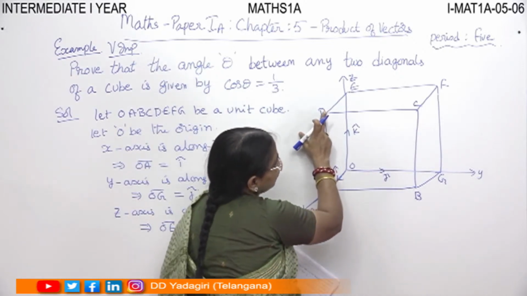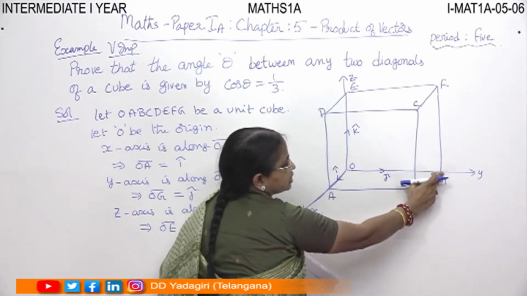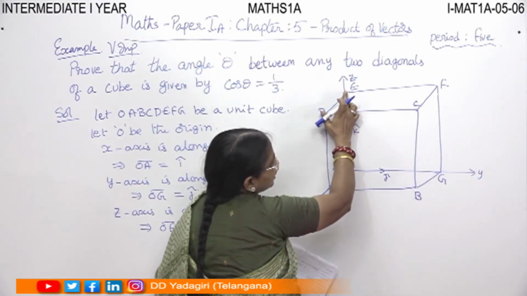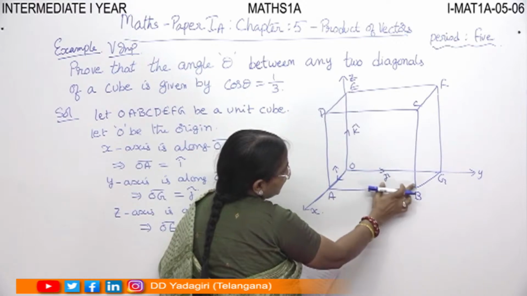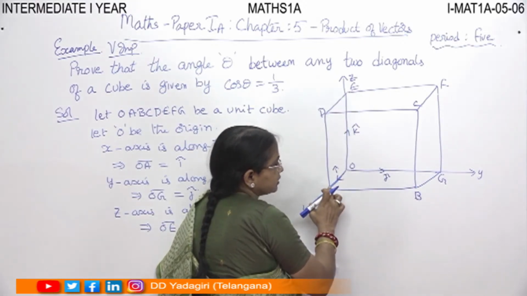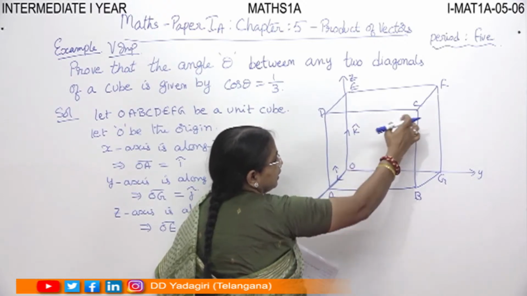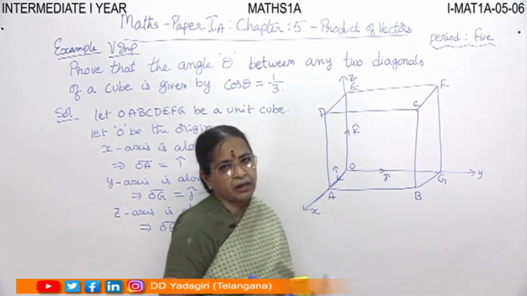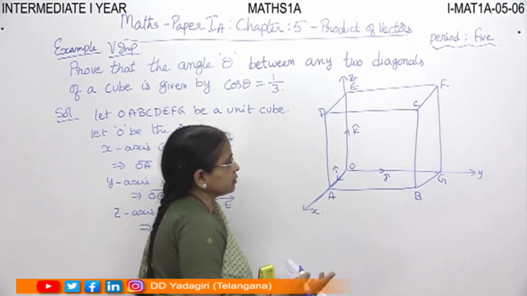Similarly, if you take D, then DG will be another diagonal. And if you take E here, then EB will be another diagonal. And the fourth diagonal is A to F, so AF will be another diagonal. So you take any two diagonals.